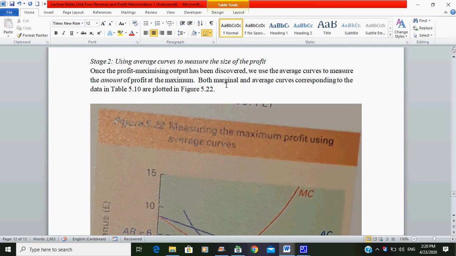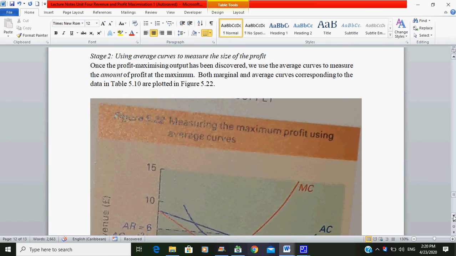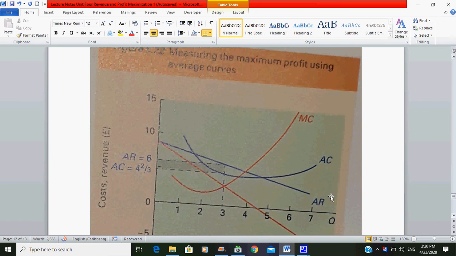Both marginal and average curves corresponding to the data in table 5.1 are plotted in figure 5.22. As you would see here, they are plotted, right?